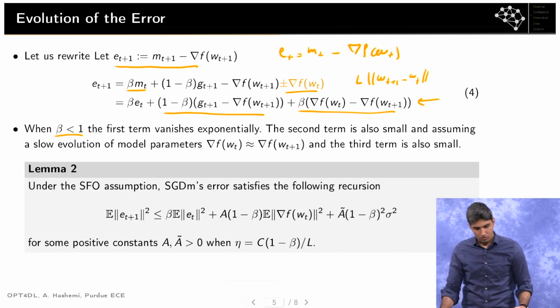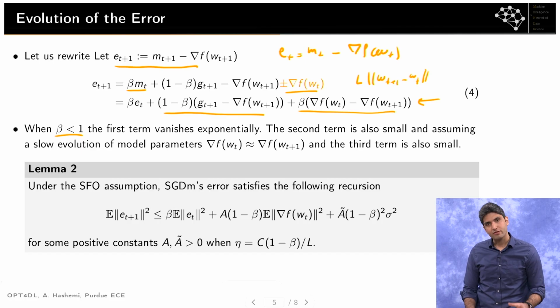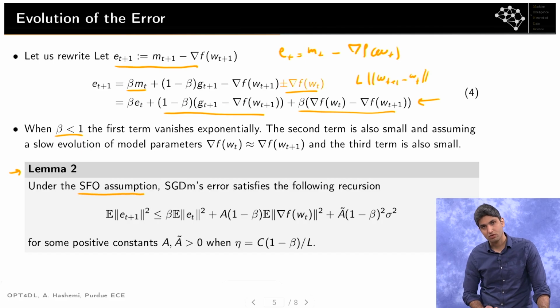We can actually formalize this discussion to arrive at this lemma. In particular, under the stochastic first-order oracle assumption, meaning that in each iteration we gain access to an unbiased estimator of the true gradient with bounded variance.